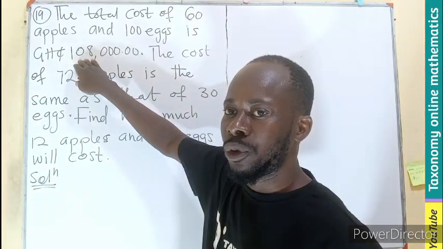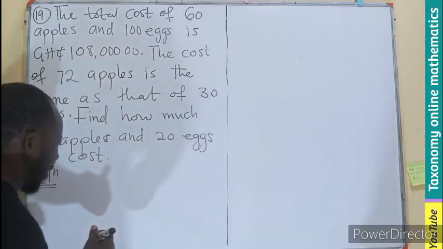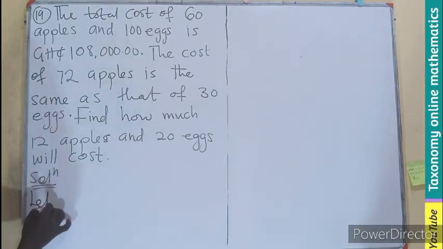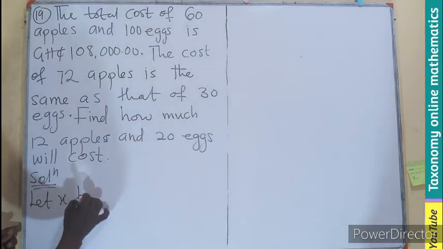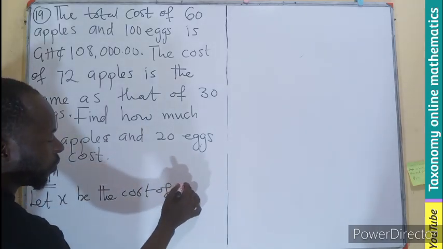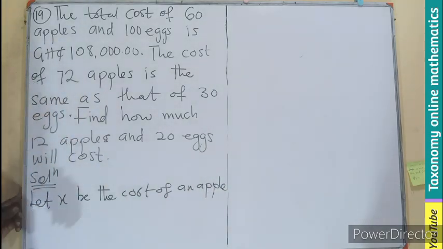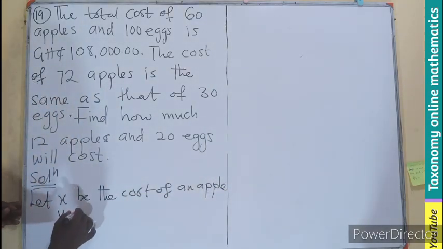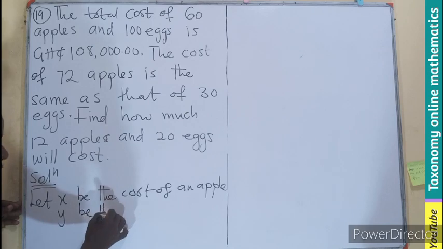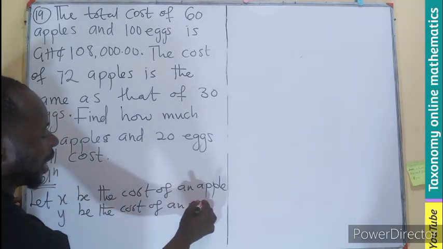When we add, we should be getting this. So we need the unit cost. So let's represent that by a variable. Let x be the cost of an apple, simply put, one apple. Then we let y be the cost of an egg.